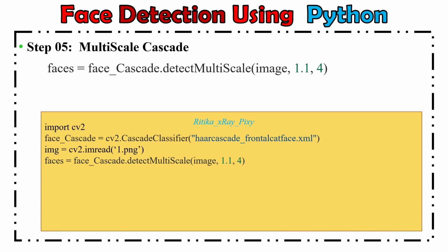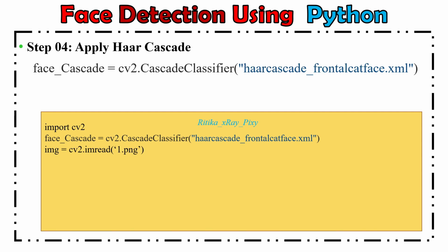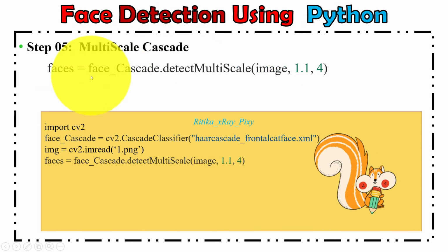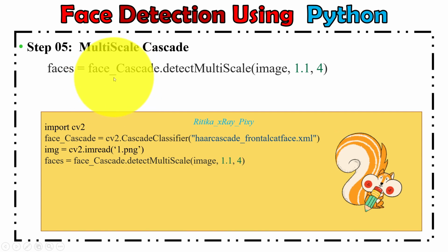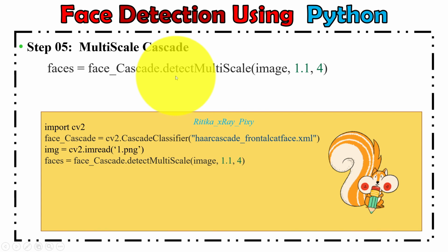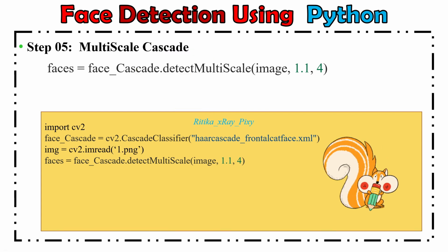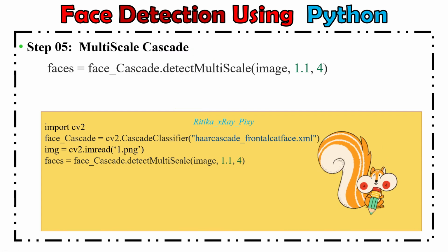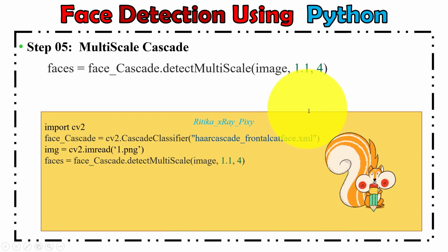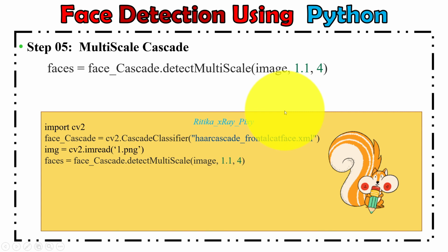Now we will apply the Haar cascade model on the digital image, that is our input image. Here you can see face cascade, and here we are applying this face cascade for face detection. Here detectMultiScale means detect objects of different sizes in the input image and return rectangles positioned on the faces.